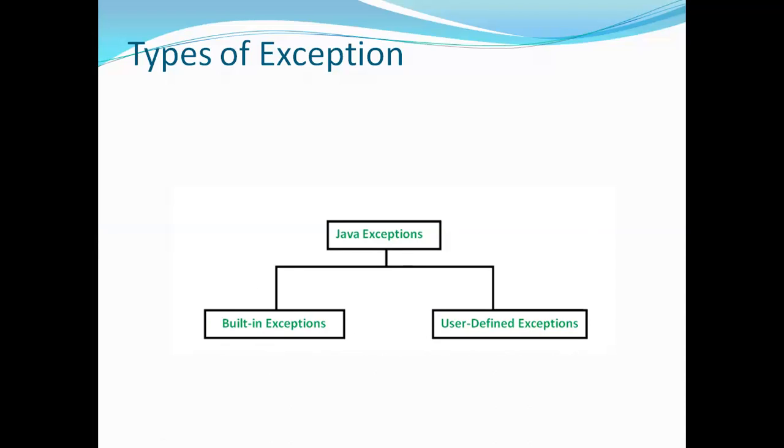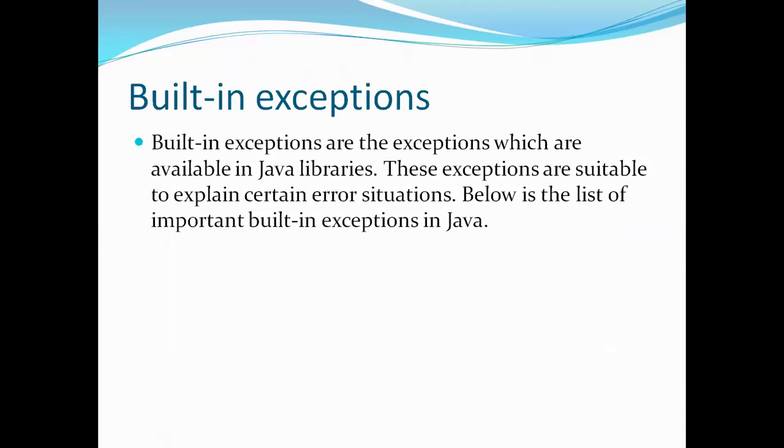A few exceptions are predefined, and user-defined exception means the user can define his own kind of exceptions based on his requirement. So in this session, I would like to discuss built-in exceptions in detail. So let's see what the predefined or default available built-in exceptions in the Java language are.